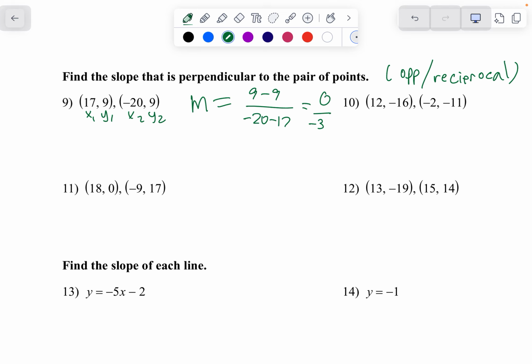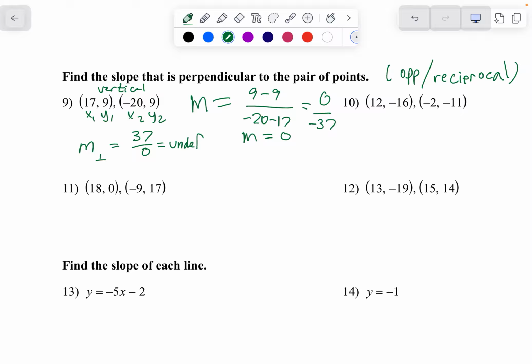Now, I was hoping one of these came up like this. This is a vertical line. So when we go to find the perpendicular slope, we have to flip it and change the sign. But are we allowed to have 0 in our denominator? No. So what's interesting is if one line has a slope of 0, it's perpendicular to a line with an undefined slope.